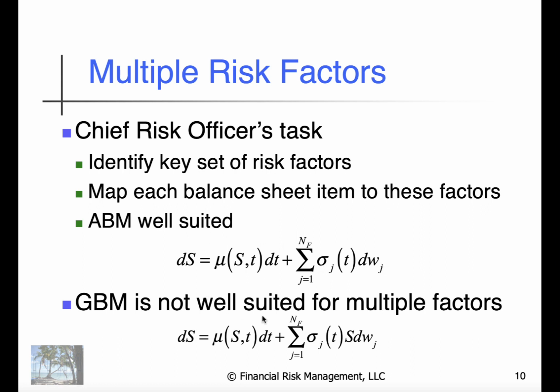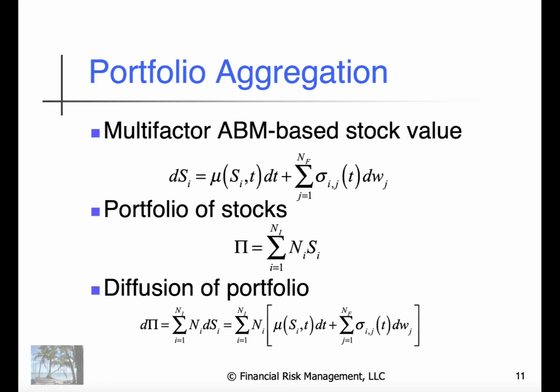GBM is not well suited because a sum of lognormally distributed random variables is not tractable. The multi-factor ABM-based stock value that we just discussed is easily the sum of normally distributed variables, which is normal. So the diffusion process of the portfolio is a normally distributed diffusion process when every stock is normally distributed.